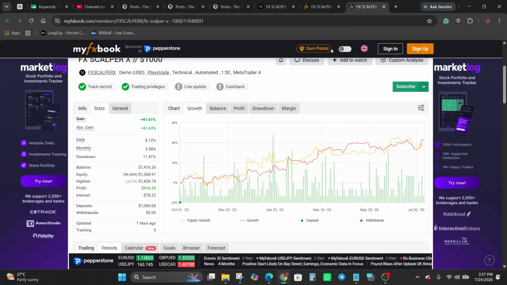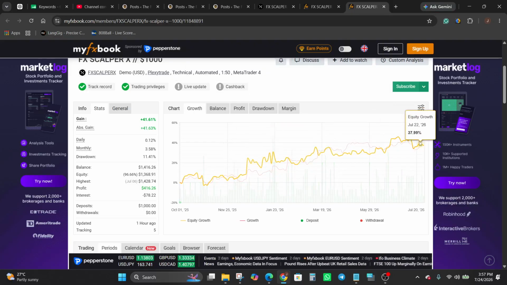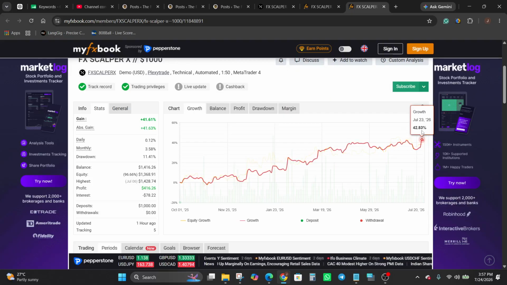So wrapping this up, FX Scalper X is confirmed for both MT4 and MT5. It is sold as a bundle alongside FX Scalper 4X and backed by a 15.7-year backtest showing a 71.6% win rate and a 2.06 profit factor.